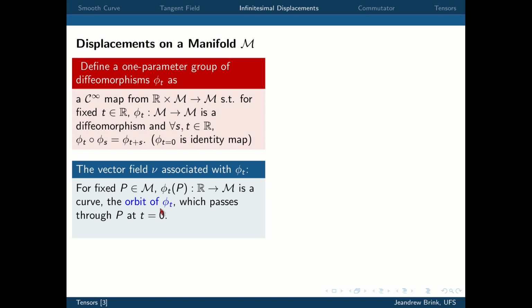And that orbit passes through P at its starting point. We can then go on and define the vector V at P to be tangent to this curve.